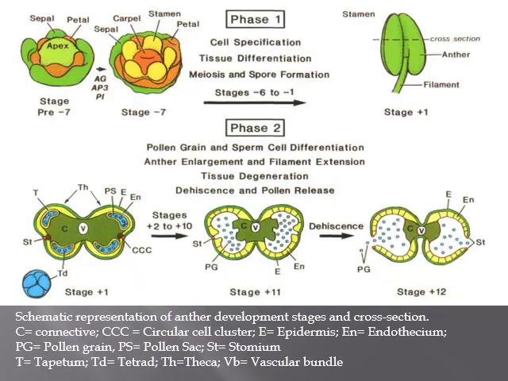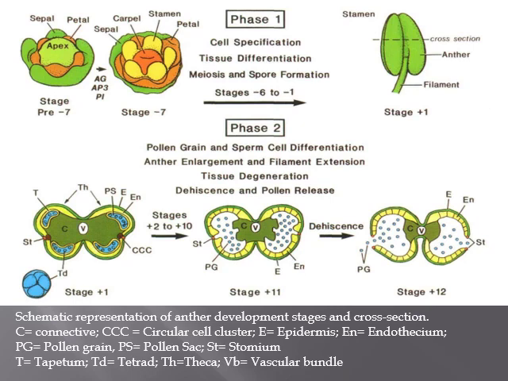In this diagram, you can see the different stages of development of the anther and the cross section. Here you can see that the sepals and the petals are formed at the apex. There are two phases, phase 1 and phase 2.